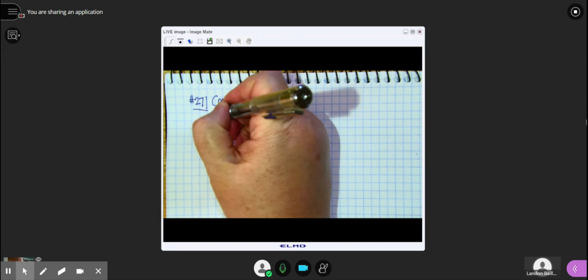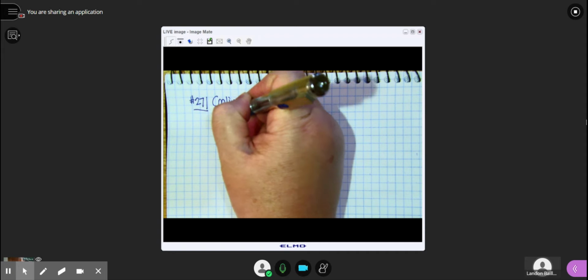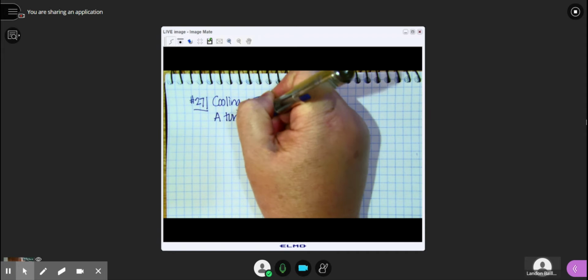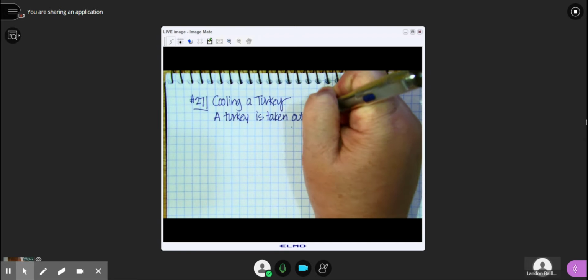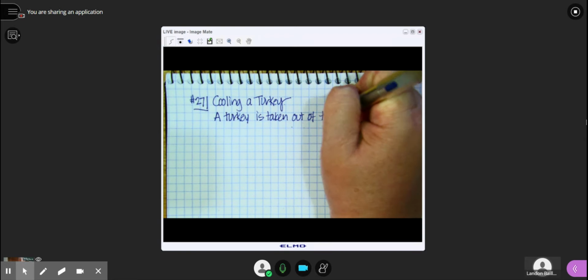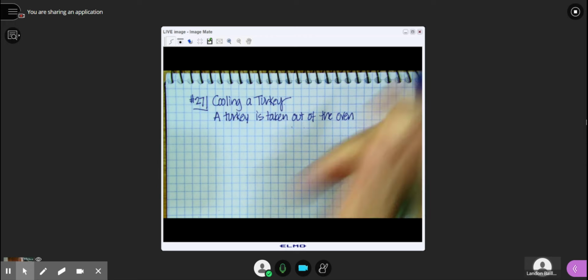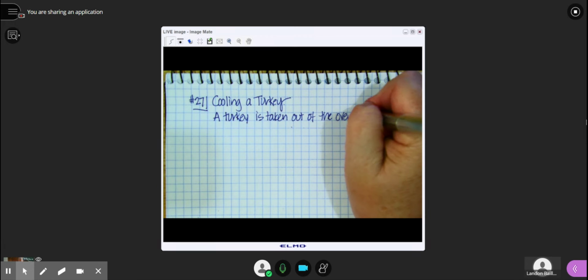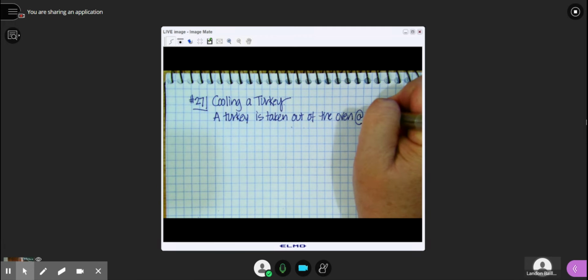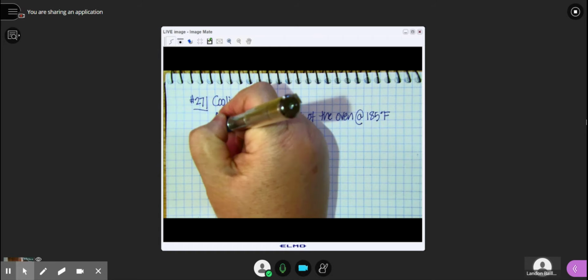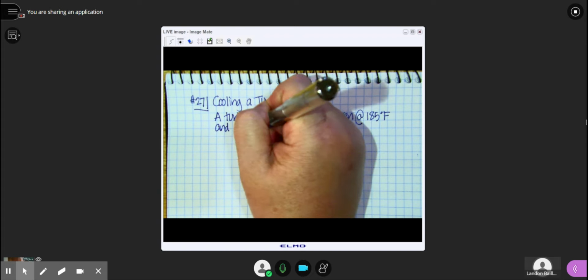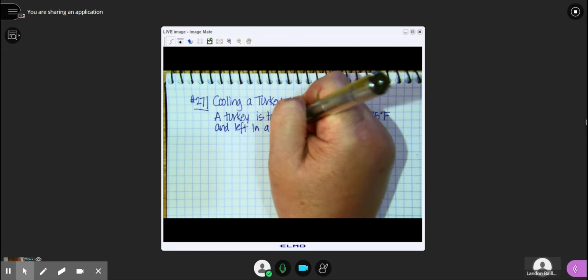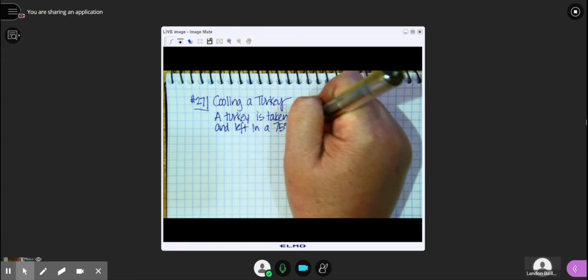A turkey is taken out of the oven at 185 degrees Fahrenheit and left in a 75 degree Fahrenheit room.